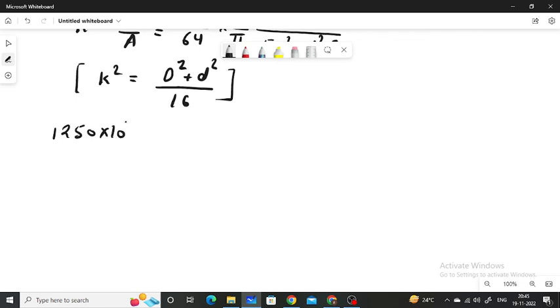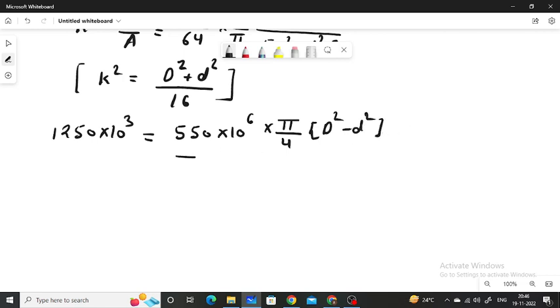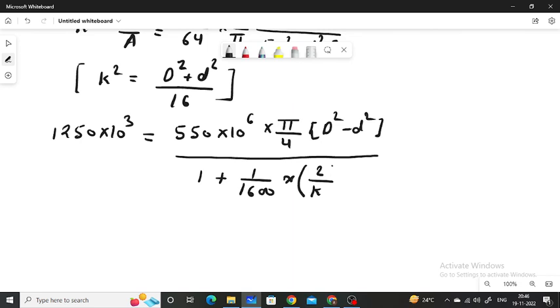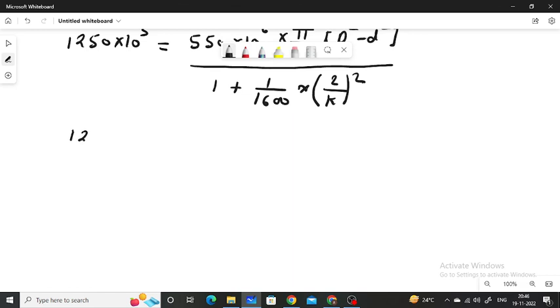1250 into 10 to the power 3 will be sigma c is 550 into 10 to the power 6, area is pi by 4 into D to the power 2 minus d to the power 2, divided by 1 plus 1 upon 1600 into 2 upon k to the power 2.